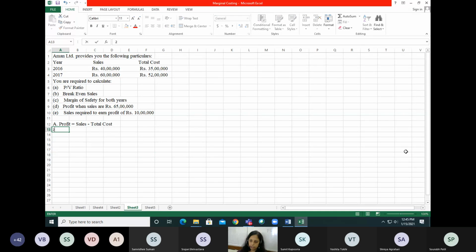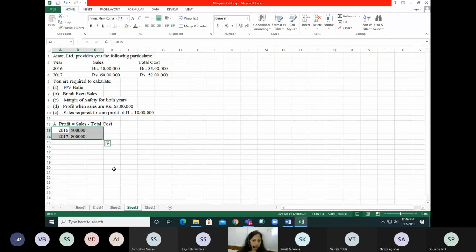So 2016 profit will be 5 lakh and 2017 profit will be 8 lakh, 60 lakh minus 52 lakh, 8 lakh. Now apply the formula change in profit upon change in sales into 100.